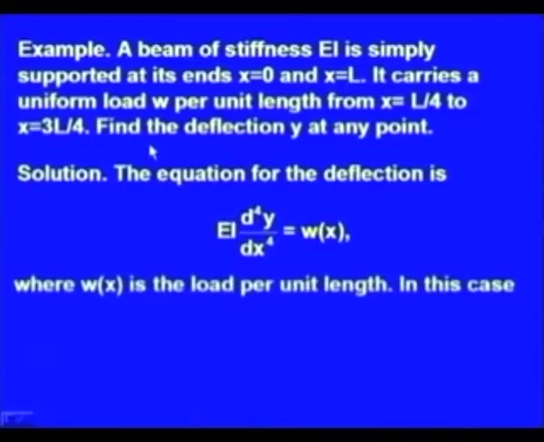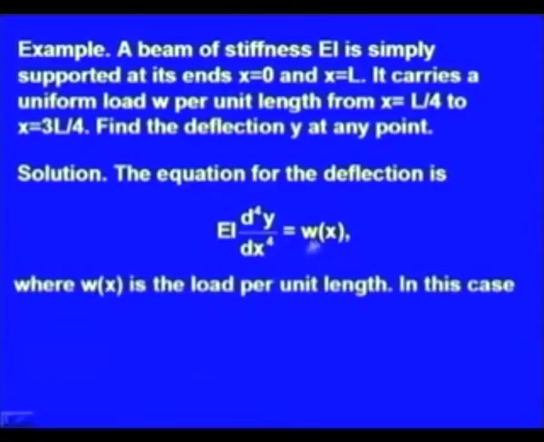So, we know that the equation for the deflection of the beam is EI d4y over dx4 equal to W(x), where W(x) is the load per unit length. In this case, we are given that the beam carries uniform load W per unit length from x equal to L by 4 to 3L by 4.